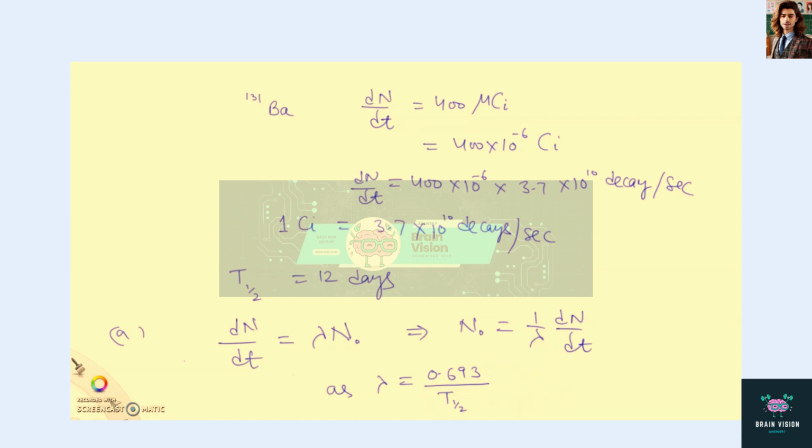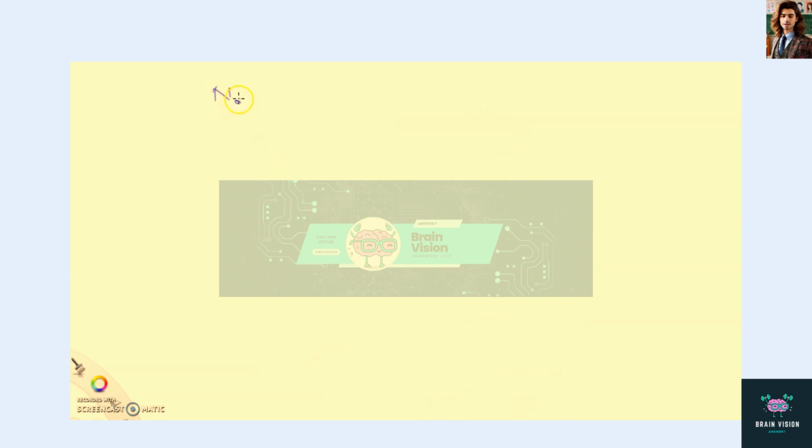If we place it here, the number of atoms will come out to be 1 by (0.693 by T half) into dN/dt, or we can say T half divided by 0.693 into dN/dt.